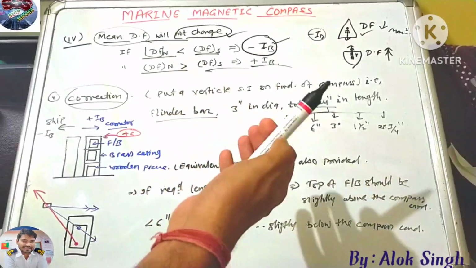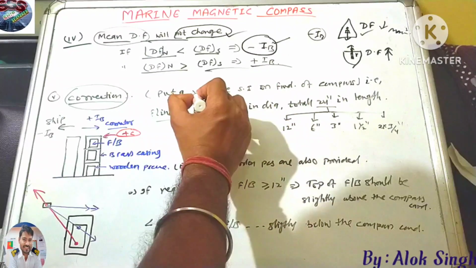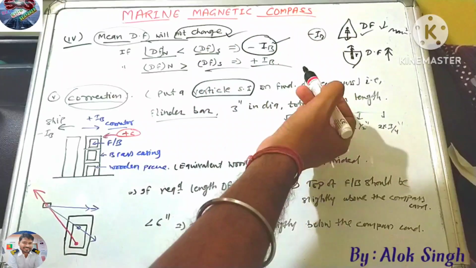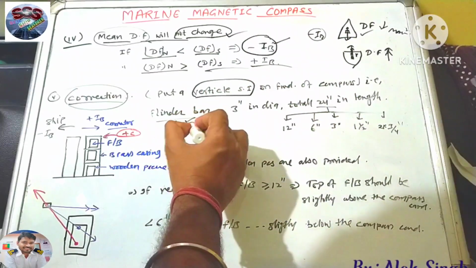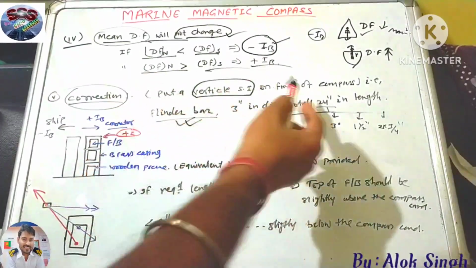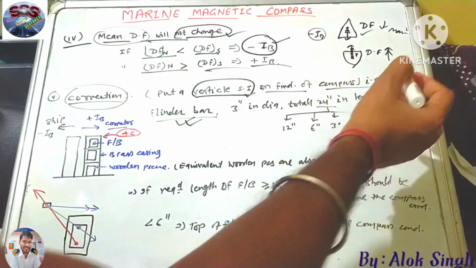But we cannot put the funnel there. So what we used to do is we used to place a vertical soft iron, not in the form of a funnel but in some other way. What is that? That is the flinder bar. Since the funnel is on the upside, that's why we are putting this vertical soft iron forward of the compass.